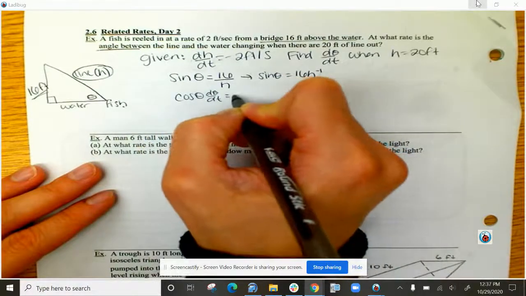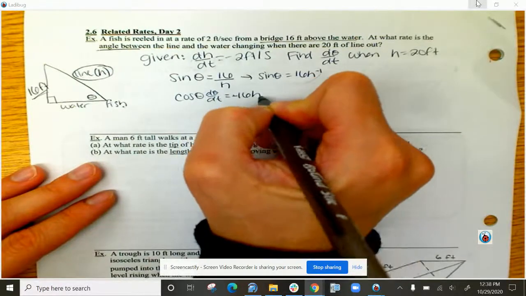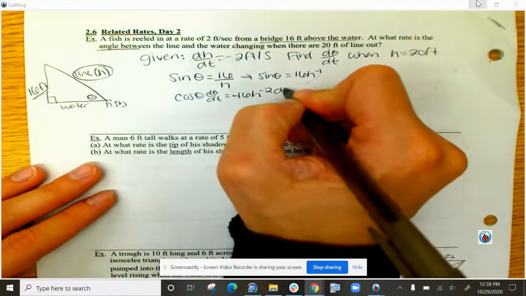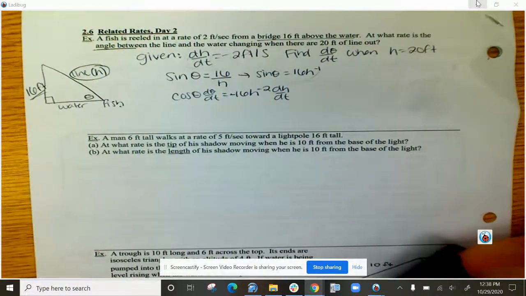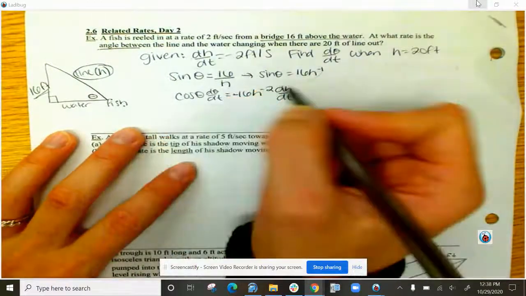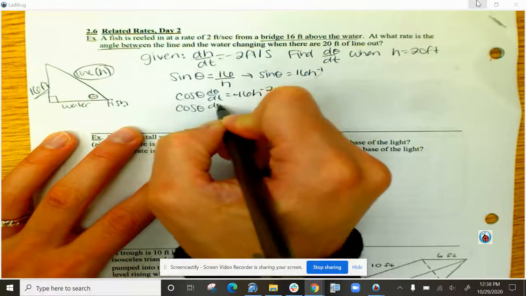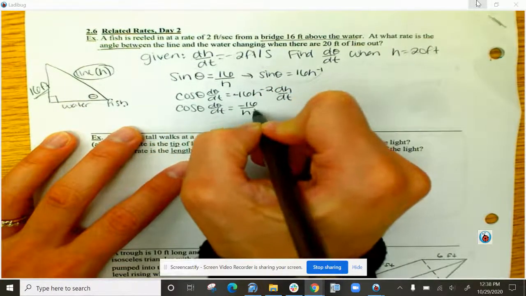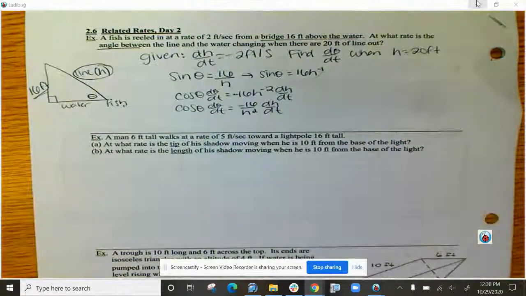And that's equal to, power rule here, negative 16h to the negative 2, and that is dH/dt. You can rewrite that if you want to as cosine theta d theta/dt equals negative 16 over h squared dH/dt. And then from there, it's just a matter of plugging in the stuff that you know.